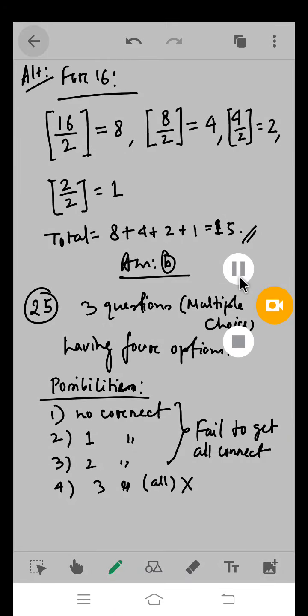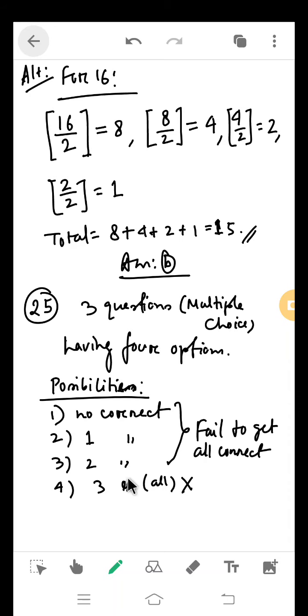If we go in next, so in this case you can see fail to get all correct means you don't need the last case. So what to do without going by one, you just go for to tell how many ways you can solve them. Out of that, just you subtract the cases of number of ways when all are correct.